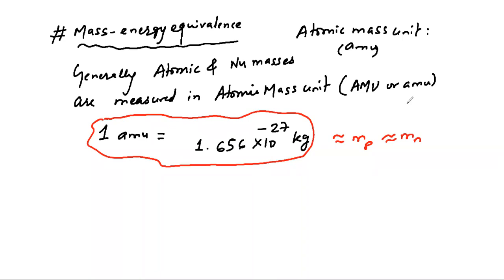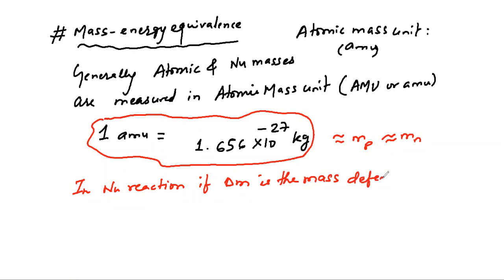So in a nuclear reaction, if delta M is the mass defect, then what would be the energy? Let's talk about that. If delta M is the mass defect, then the amount of energy that will be released will be how much?